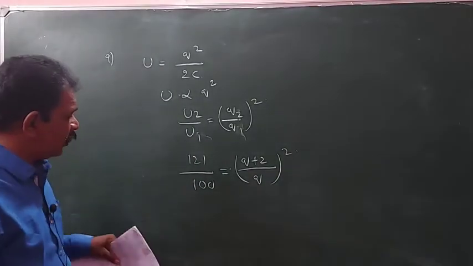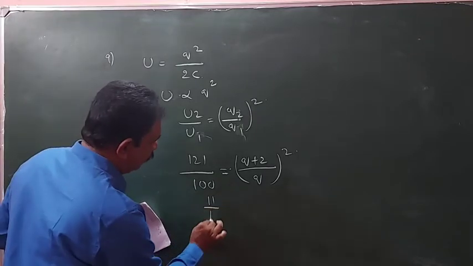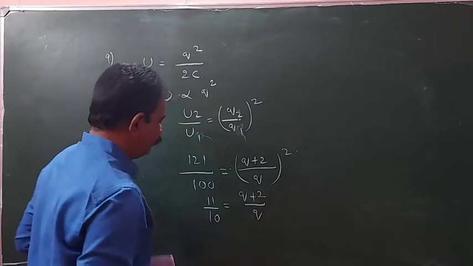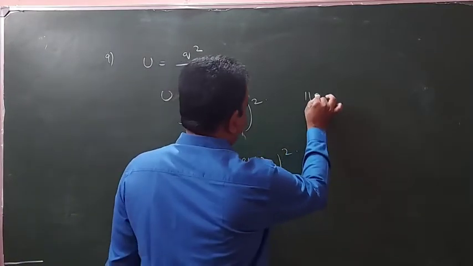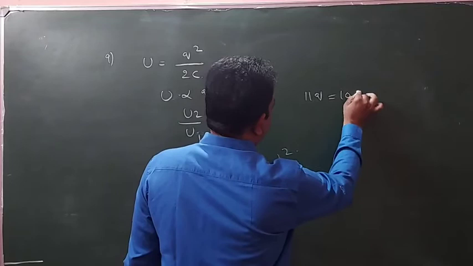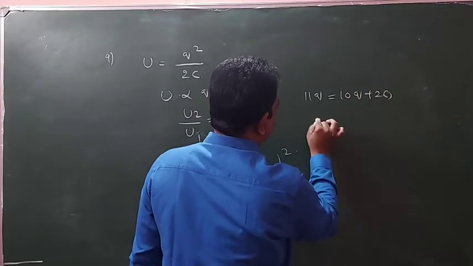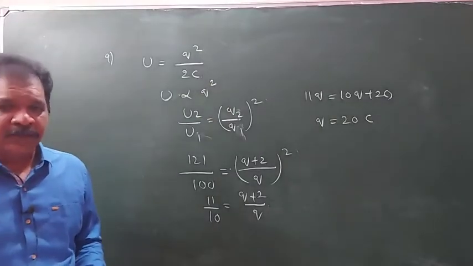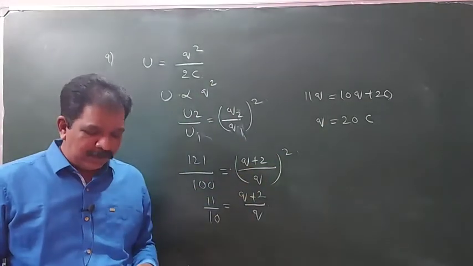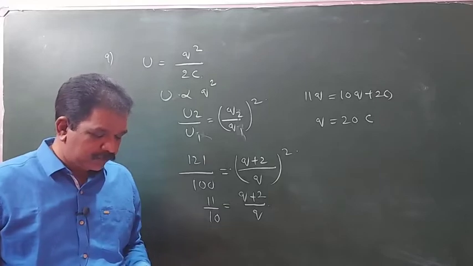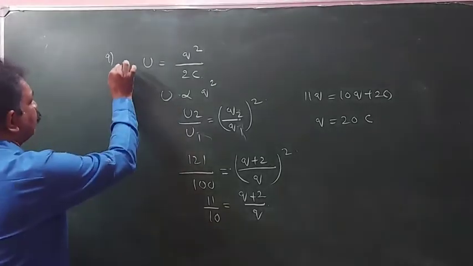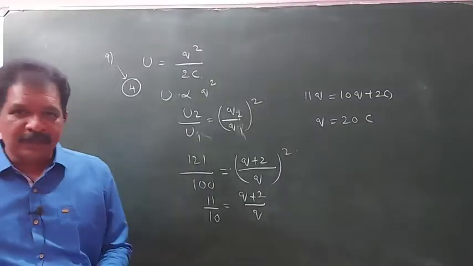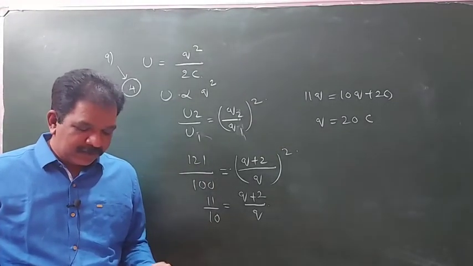Take square root on both sides: 11 by 10 is equal to (Q plus 2) by Q. So 11Q is equal to 10Q plus 20. 11Q minus 10Q means Q, so the value is equal to 20 coulombs. So ninth, it will be fourth option. Clear? Next, 10th question, you see.